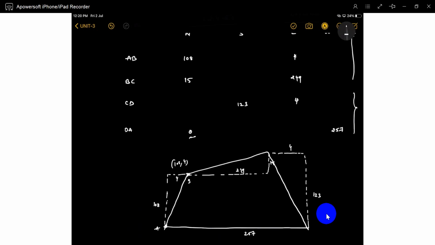If B is 0, C has coordinates of 15, 249. Every coordinate is represented with the line's starting point taken as 0. But if you take coordinates with reference to some other point, those are the universal coordinates.